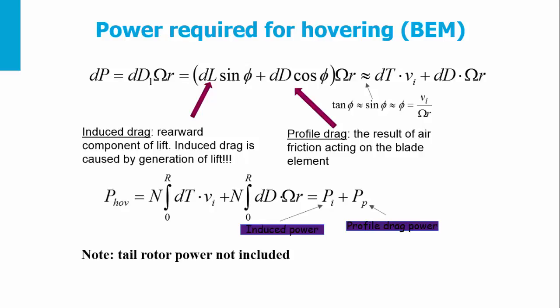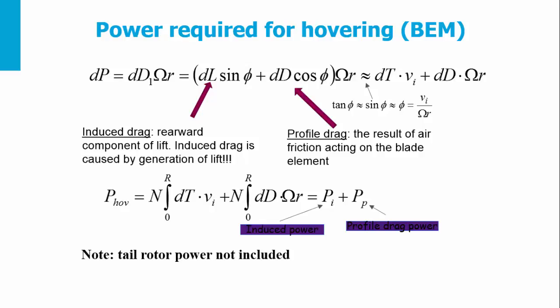Substituting the expression of the drag force in the tip path plane and making the calculation, one gets that the power on the blade element is the product of thrust and induced velocity plus drag multiplied by omega r.